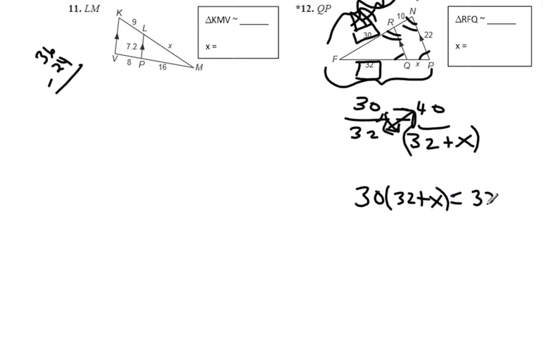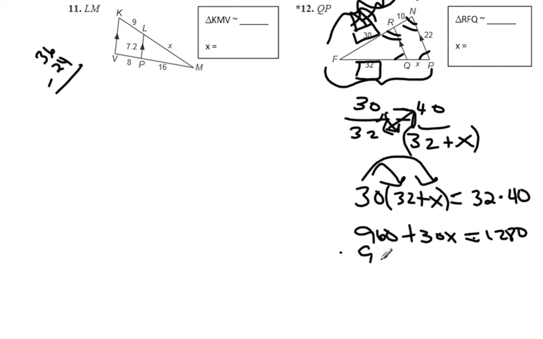and that should equal 32 times 40. 30 times 32 is 960 plus 30x, and that equals 32 times 40, which is 1280.